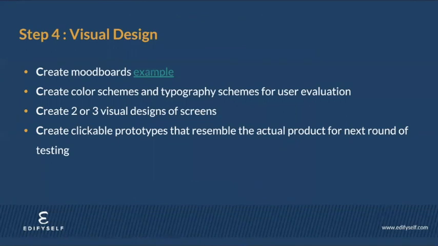We make 2 or 3 design variations for them, go back to the client, and take their feedback. Once one of the themes is fixed upon, you can create visual designs for the entire app or mobile or website. And then you take these visual designs and create again a set of clickable prototypes.